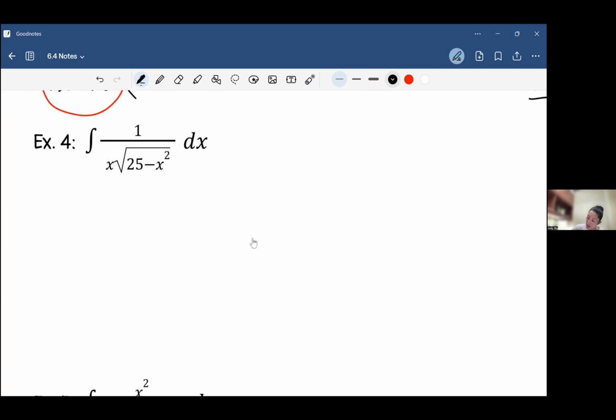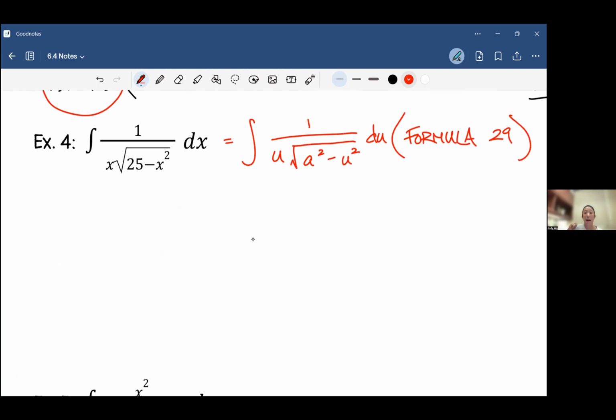Now, if we go to the back of our textbook, we'll find a formula that looks like this: 1 over u times the square root of a squared minus u squared du. I believe this corresponds with formula 29. So flip to the end and take a look at formula 29.